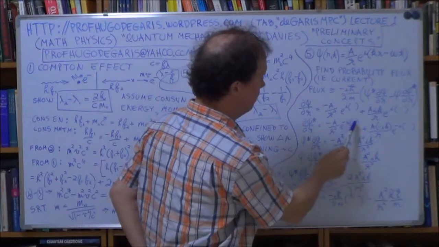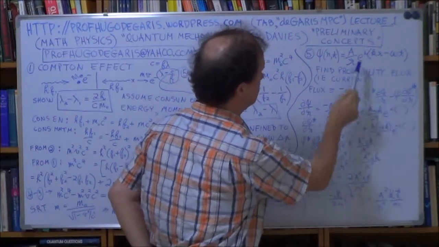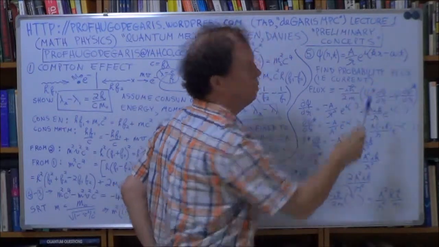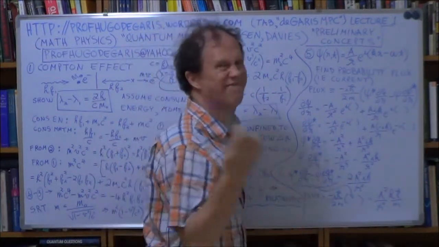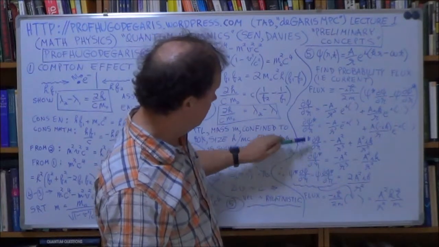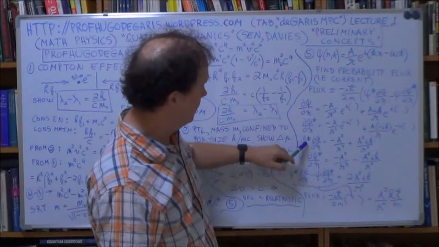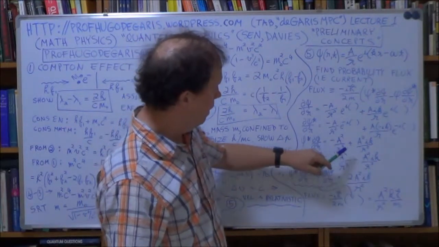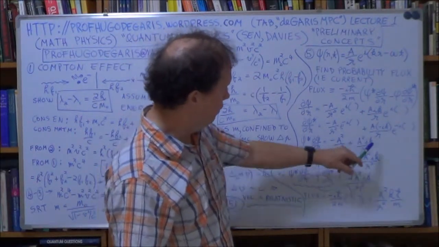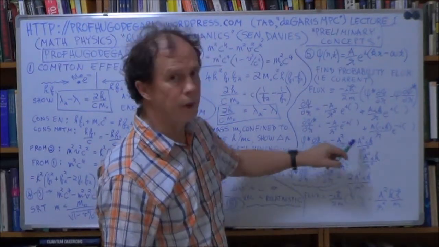I just put blanks here, but you can fill those in if you want. So now that you know these two, you can find the product of psi star d psi dr, and I've skipped a line or two, but anyway, you get these two terms.